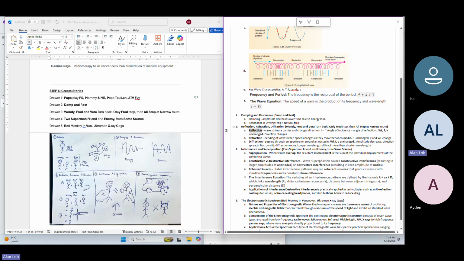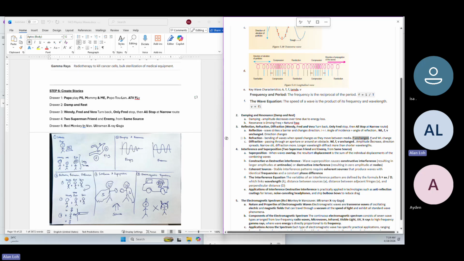And then what happened? Then only Fred stopped. The rest did not stop. They continue walking. So this explains refraction. Why is refraction related to Fred not moving? Fred stop. Frequency unchanged. During refraction, frequency did not change. Right.